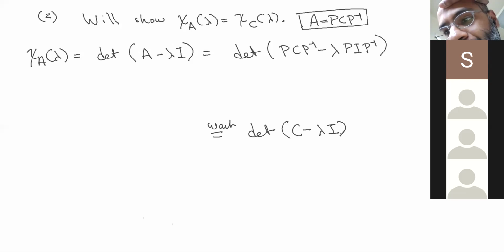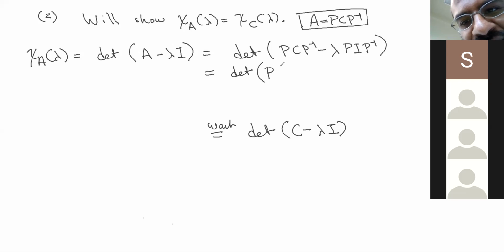Well, I would use the multiplicative property of the determinants. Great idea. So what you're suggesting is you need to do a little bit of matrix algebra to factor the P and P inverse out.